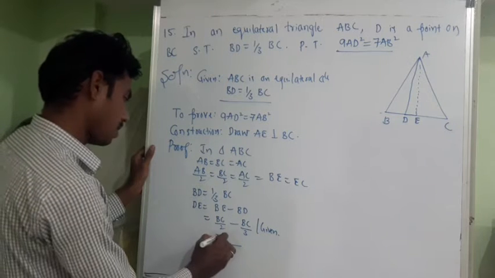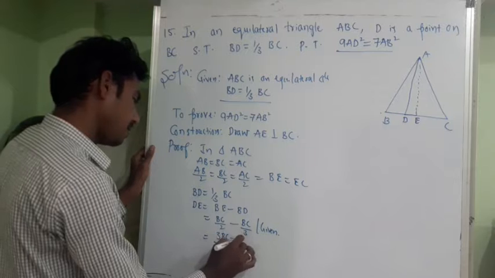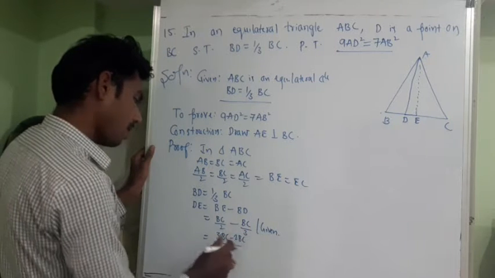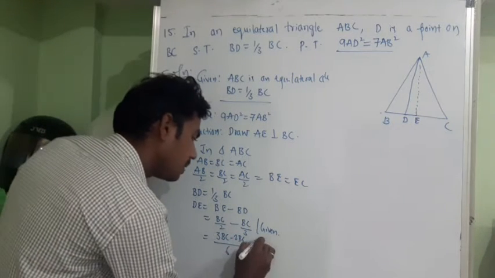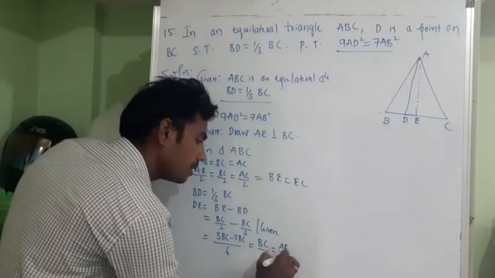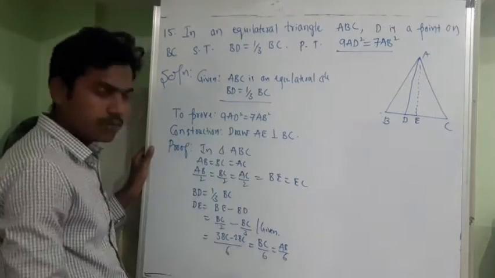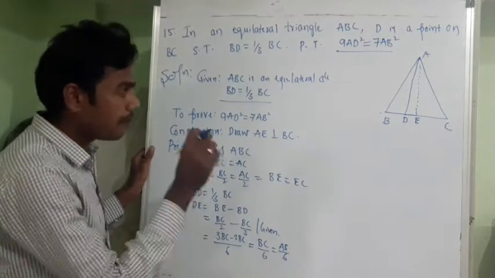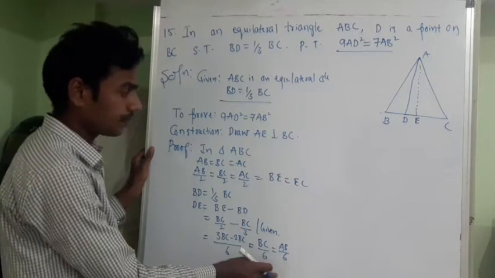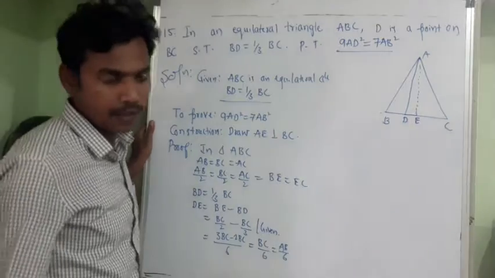So 3 BC minus 2 BC by 6, which is nothing but BC by 6, or we can write it as AB by 6, because in an equilateral triangle all the sides will be equal. Why I am writing it in terms of AB is because I need AB.